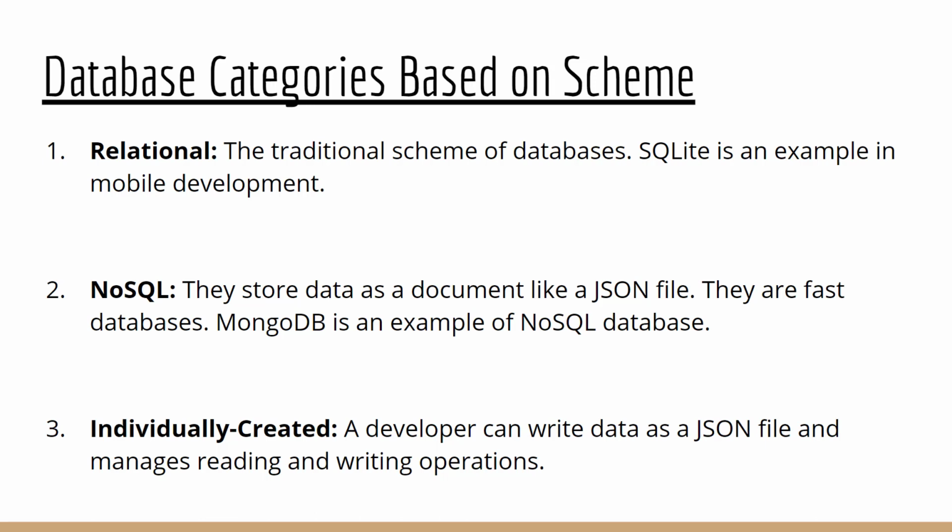They are fast databases, and MongoDB is an example of a NoSQL database. And another category is individually created. You can create a database that is basically a JSON file, and you can read and write to this database, and you have to manage the database yourself.